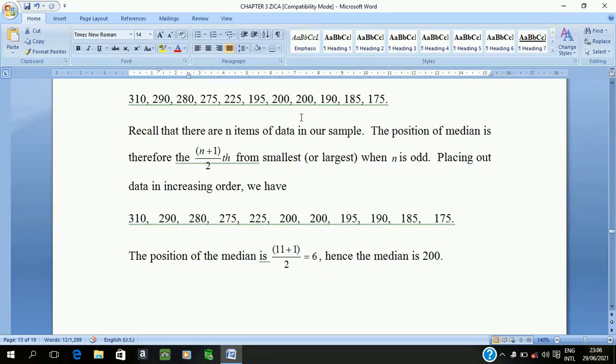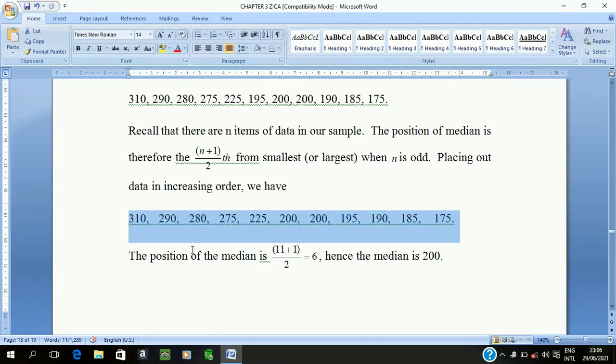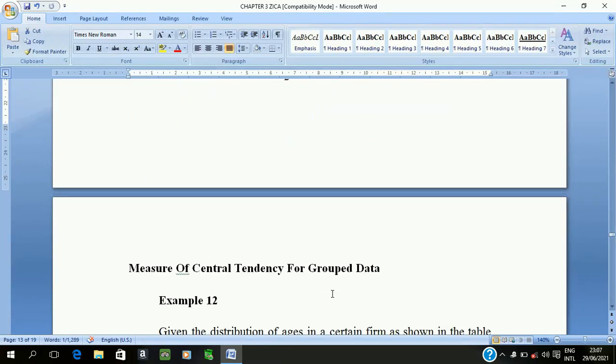So the sixth value is going to be the median. When you arrange the data in order of size like that, you should count up to the sixth value: 1, 2, 3, 4, 5, 6. The sixth value should be our median value. That's how we calculate the median, mode, and mean for a simple set of values.